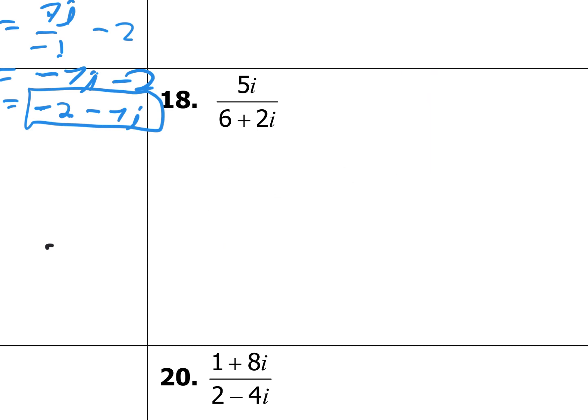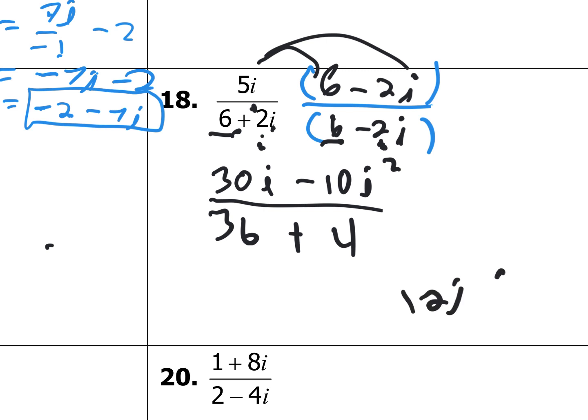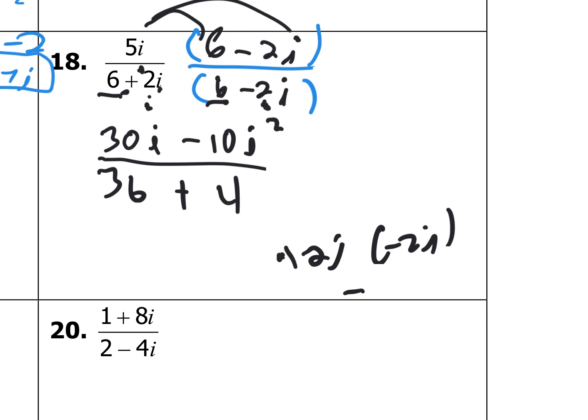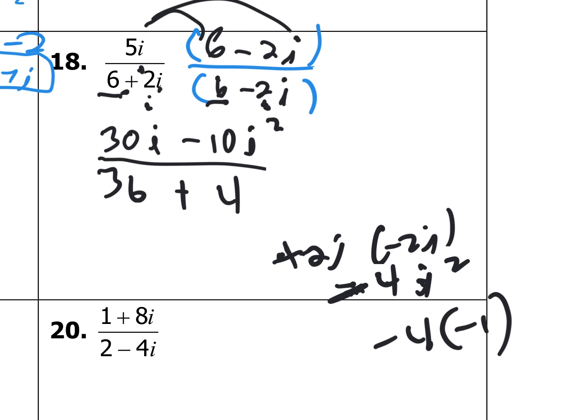And if you do the plus 2I times a negative 2I, you're going to see that's a minus 4I squared. But a minus 4I squared is a minus 4 times a negative 1. You see that? Which is a positive 4, which is what I put here. So I'm skipping all that thought. Just saying 6 times 6 plus 2 times 2.